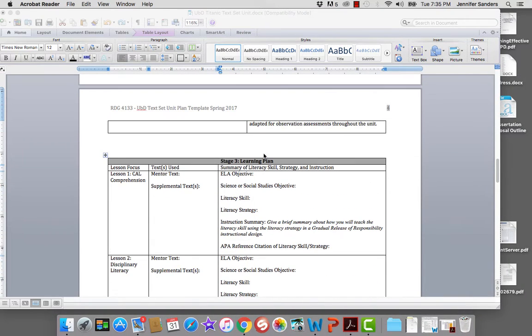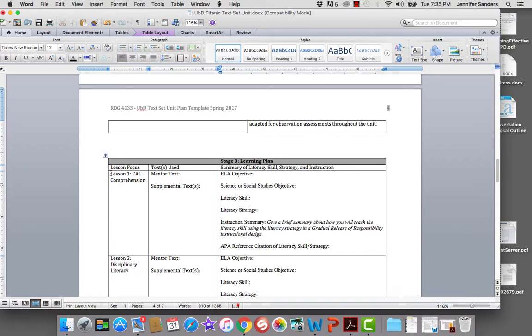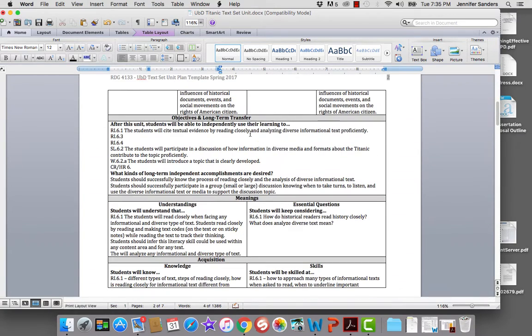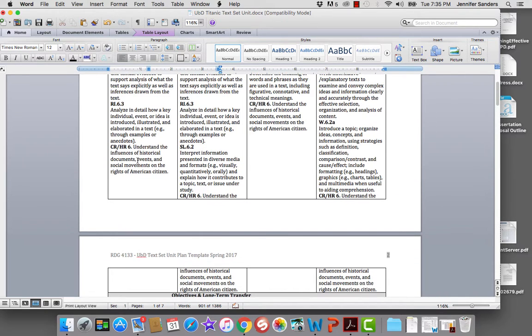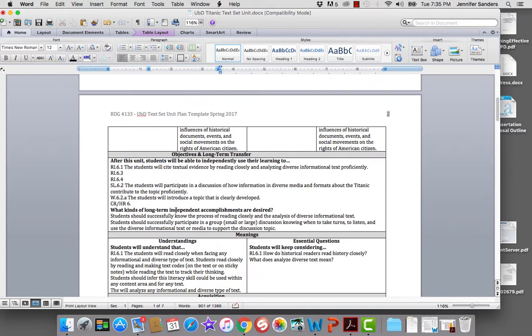If I go back, I want to say, okay, lesson 1, I'm teaching comprehension. So let's look at my objectives. My standards are RI 6.1, RI 6.3, and the history standards. So my ELA would be RI 6.1 and RI 6.3.